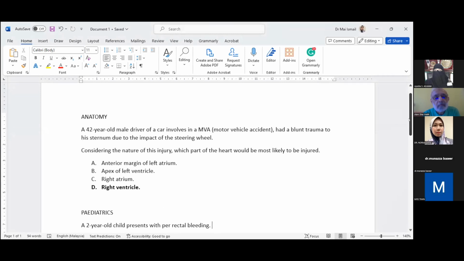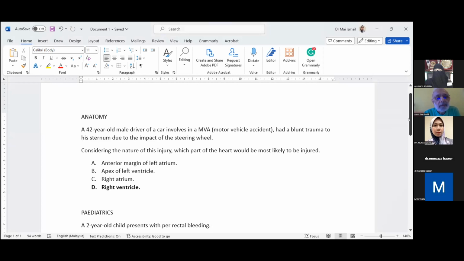Considering the nature of this injury, which part of the heart would be most likely to be injured? We have 4 options: the anterior margin of the left atrium, the apex of the left ventricle, the right atrium, and the right ventricle.